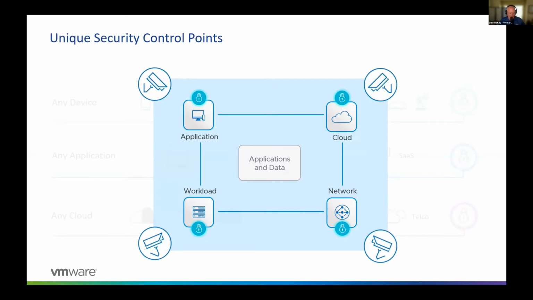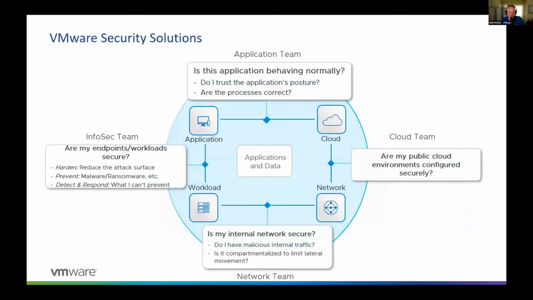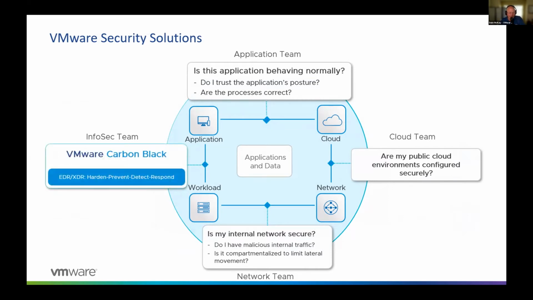So think about this almost being like a closed circuit TV where I can just set up monitoring points at different places within the network and monitor the traffic that goes through there. We can use different tools to do this and to address those concerns that the application team, the InfoSec team, the network team had. You can see for the InfoSec team, that would be Carbon Black. And Carbon Black is an EDR slash XDR type product.